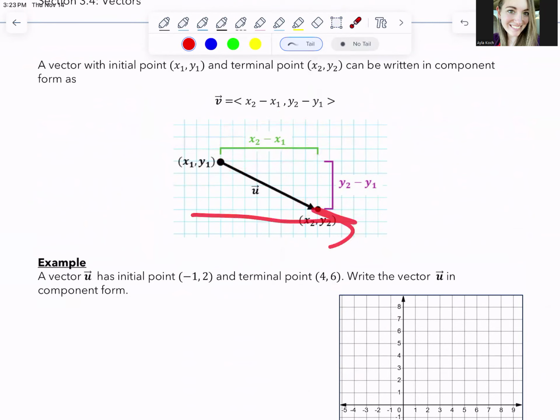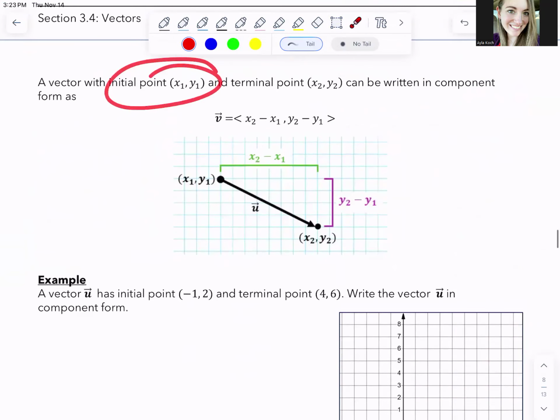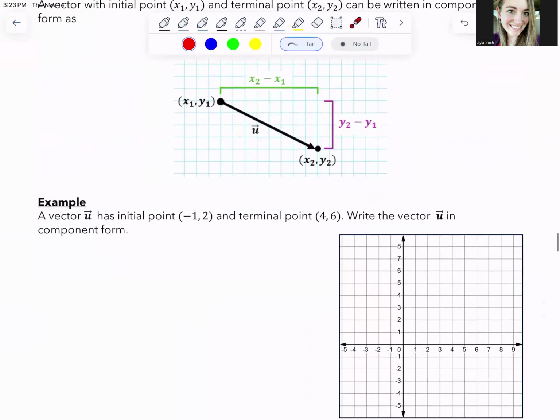If it goes to the right, this number is positive because x2 will be a bigger number. If it goes to the left, the number will end up negative, which is what we want in component form. And then the vertical distance is y2 minus y1.